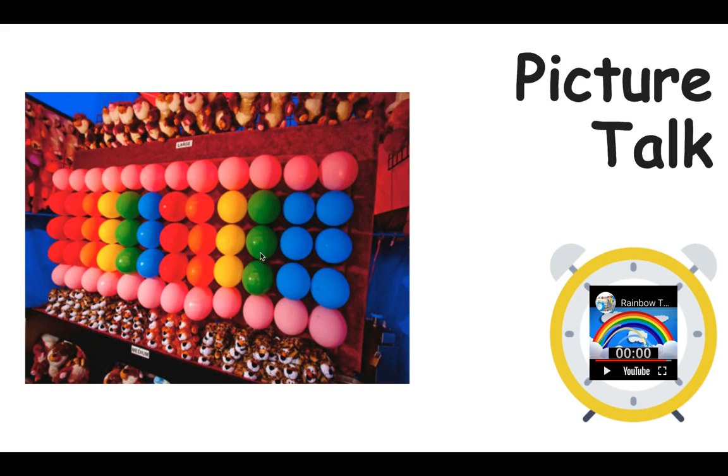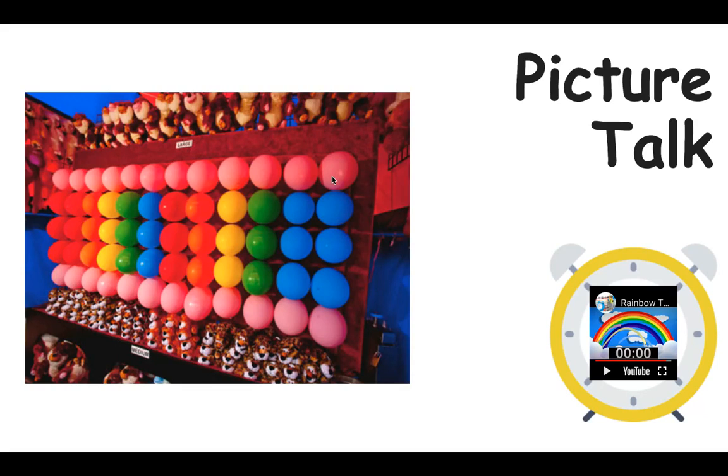Also, the balloons in the middle are organized in a rainbow pattern. Here we see two columns of red balloons. Then there's an orange, a yellow, green, blue, red, orange, yellow, green, and then two columns of blue balloons.